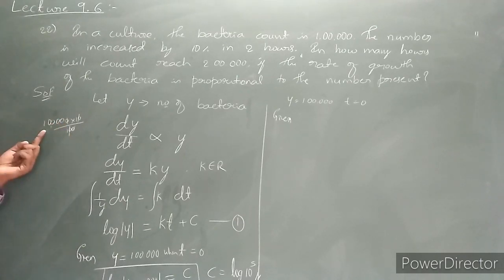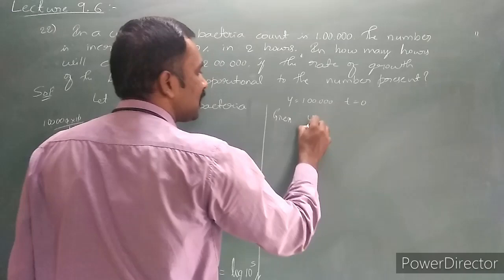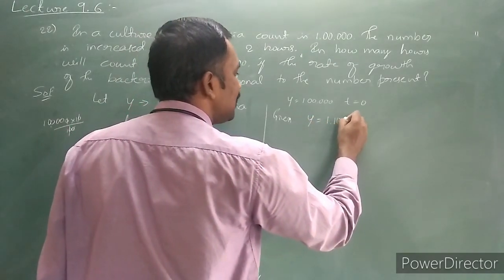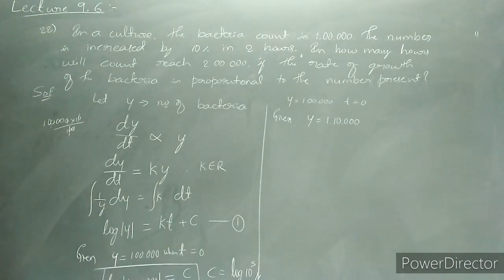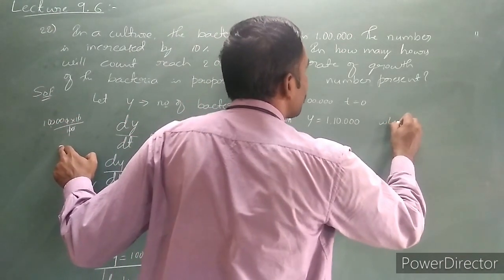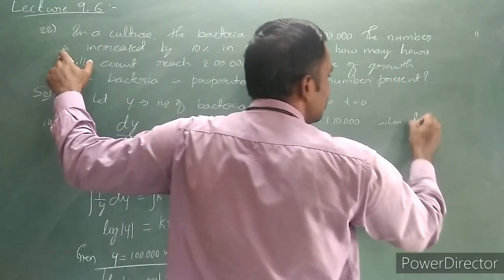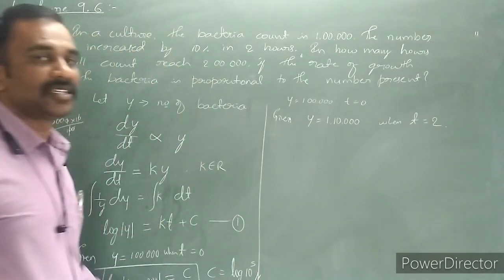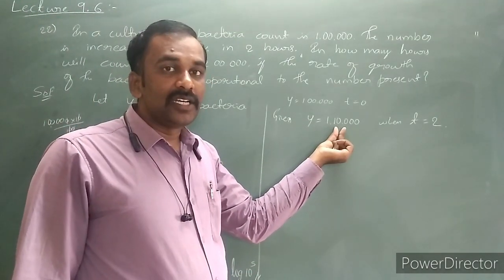How much is left? 10,000 is left. 10,000 plus this much. So given that y is equal to 1 lakh 10,000. Are you clear? Y is equal to 1 lakh 10,000 when the number increases by 10% in 2 hours. In 2 hours is nothing but t is equal to 2. Are you clear? Why does it come 1 lakh 10,000?